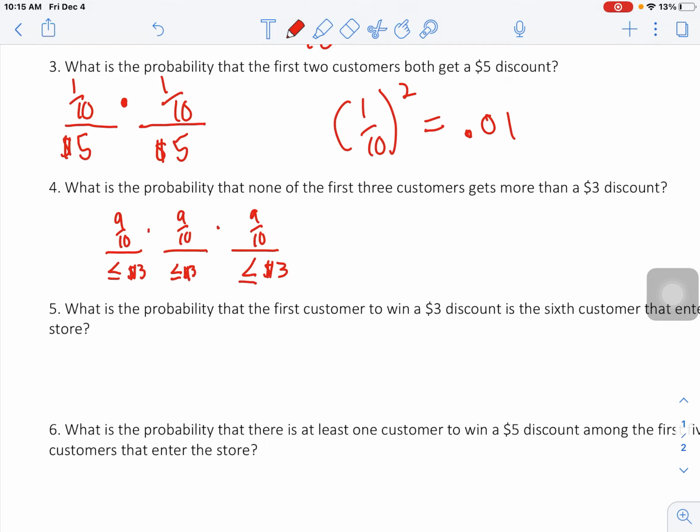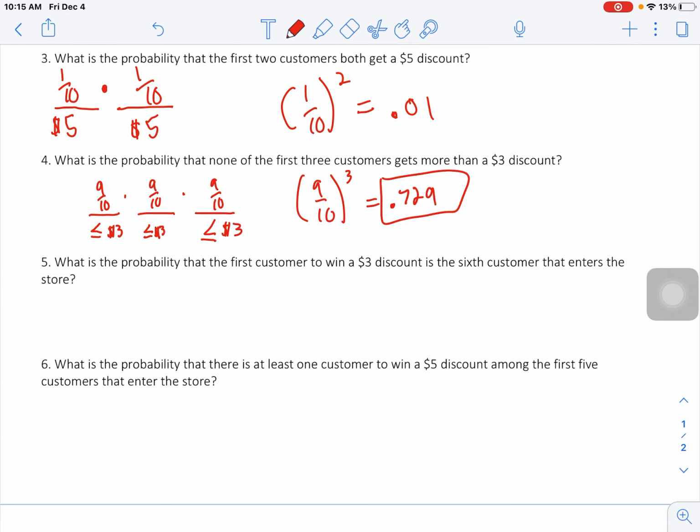So just doing this multiplication, (9/10) to the 3rd power, and we get some number that I am trying to figure out in my calculator. Give me 1 second. 0.729. All right.